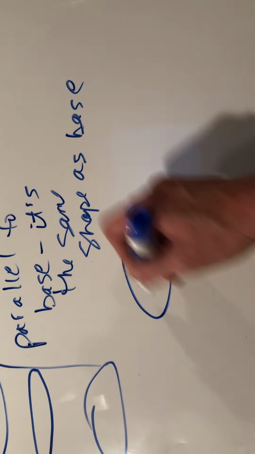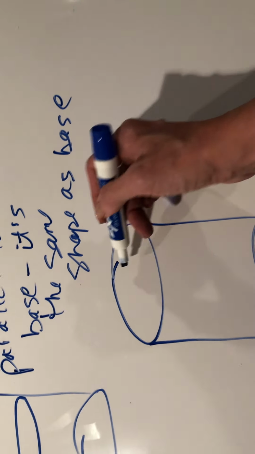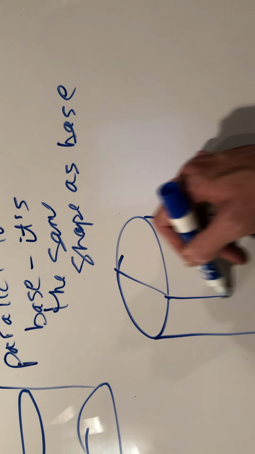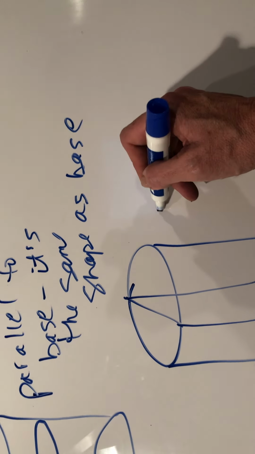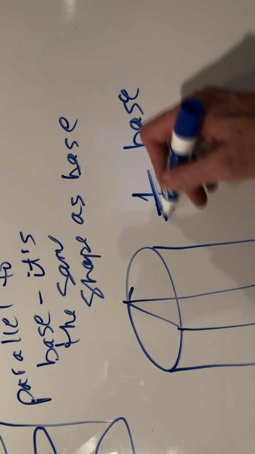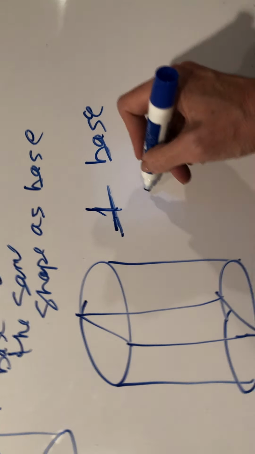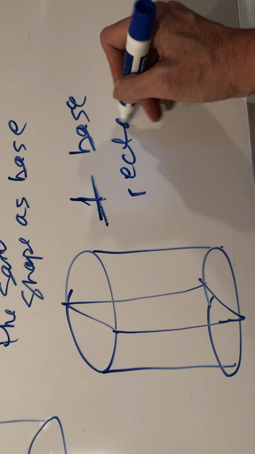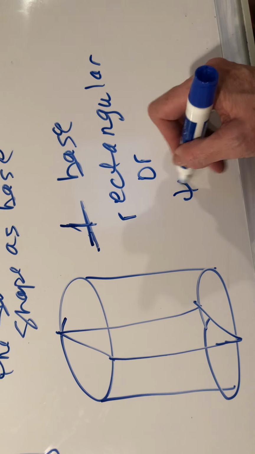Then if I take a cylinder and I do a cross section that's perpendicular to the base, it gives a different shape. Usually, like 99.9% of the time, it's either rectangular or triangular.